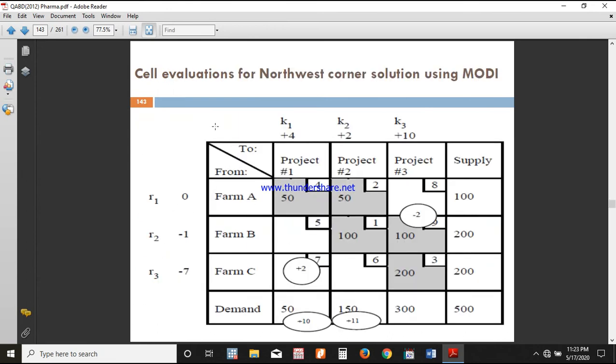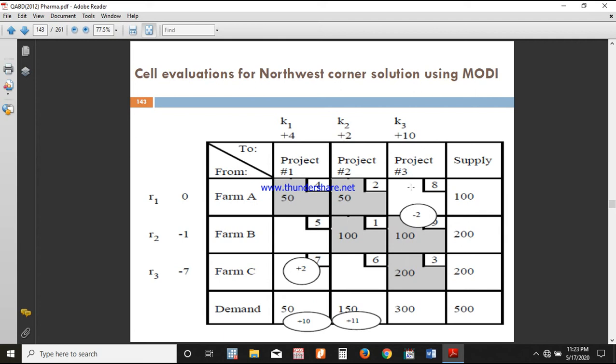Always this formula will work only on occupied cells. Therefore, row index is 0, column index is unknown. So 0 plus K1 is equal to 4. Therefore, the value of K1 will clearly become 4. Then 0 plus K2 is equal to 2. Clearly, the value of K2 is plus 2.